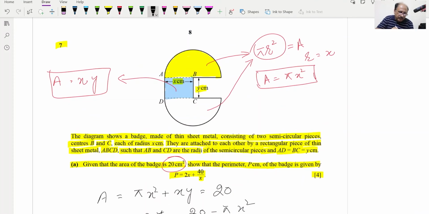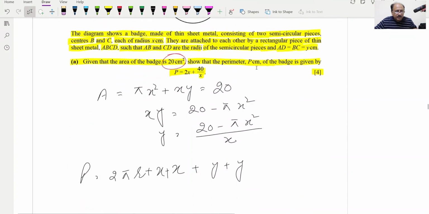One x side is this side, the second x side is this side, and the two y sides will be this one and this one. Basically the x sides are solid lines, so we are counting these two solid lines and these two solid lines. So these will be 2x plus 2y.